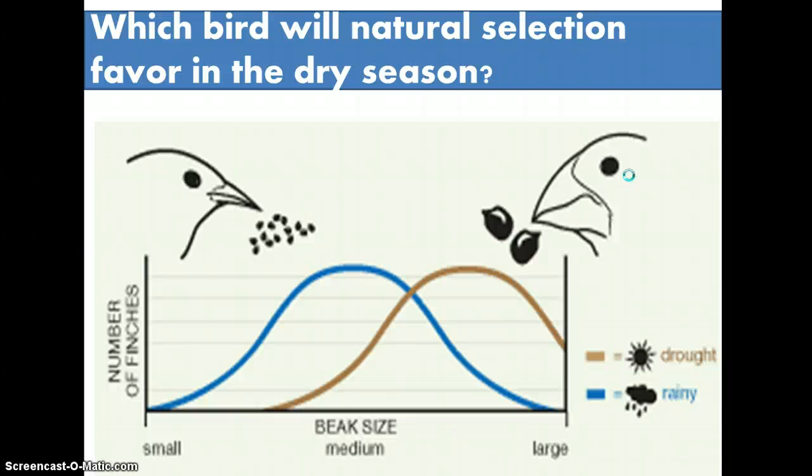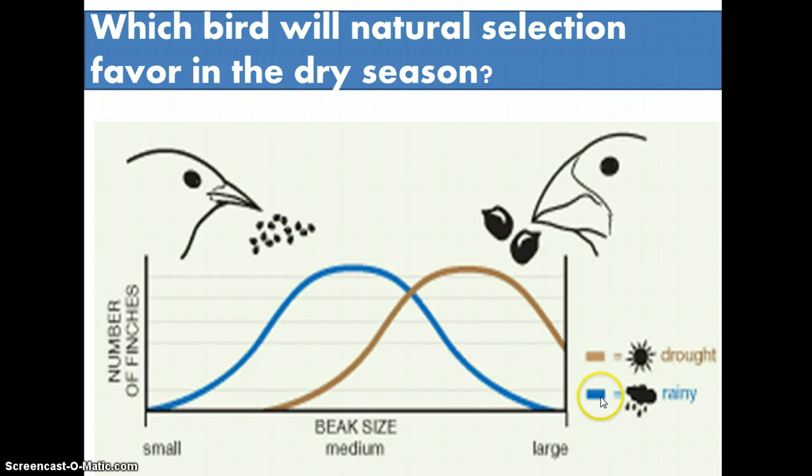These are just some interesting graphs that we looked at in class. You should be able to look at these graphs and feel comfortable interpreting what they say. And for example, if I asked you a question, which type of beak size, small, medium, or large, will be most favorable during the rainy season?